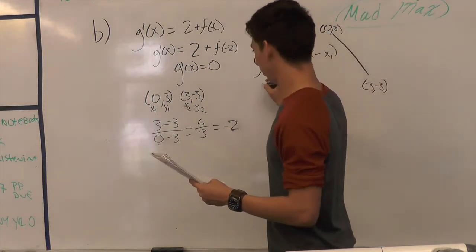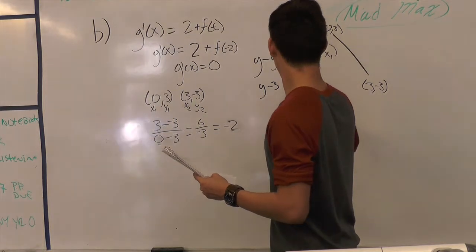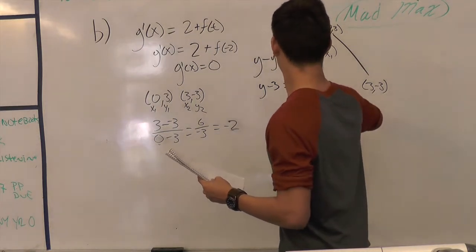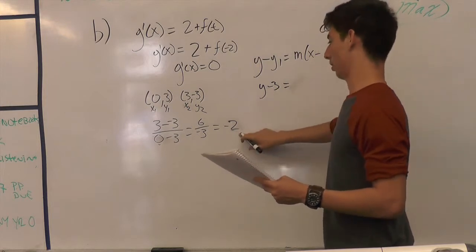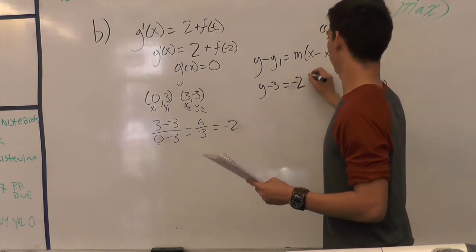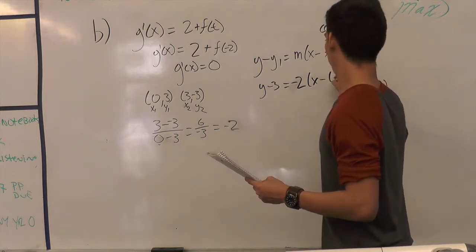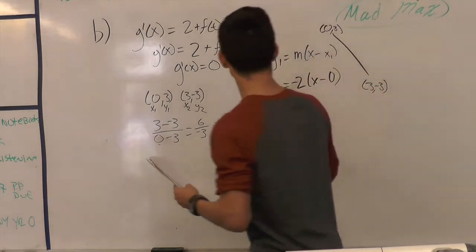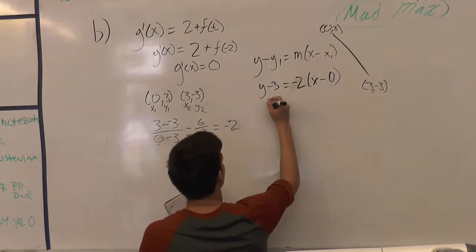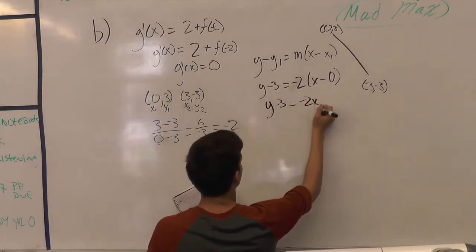Plug in your y1: y minus 3 equals m, which is the slope, negative 2, times x minus 0. Simple algebra right here. You end up with y minus 3 equals negative 2x.